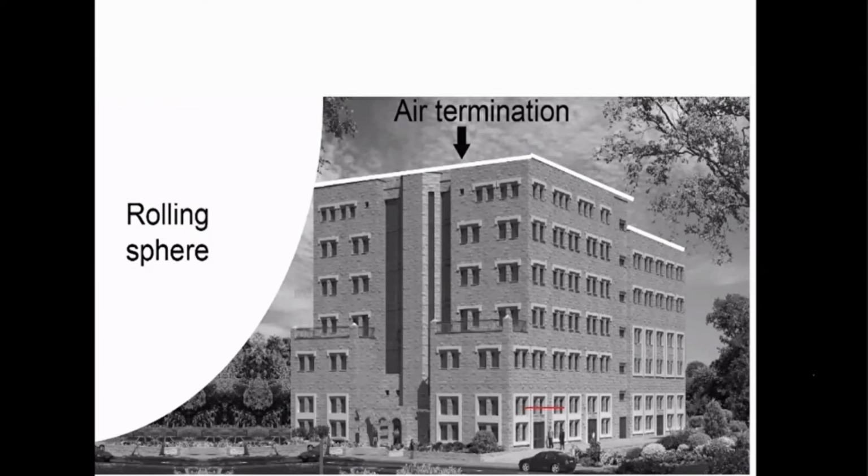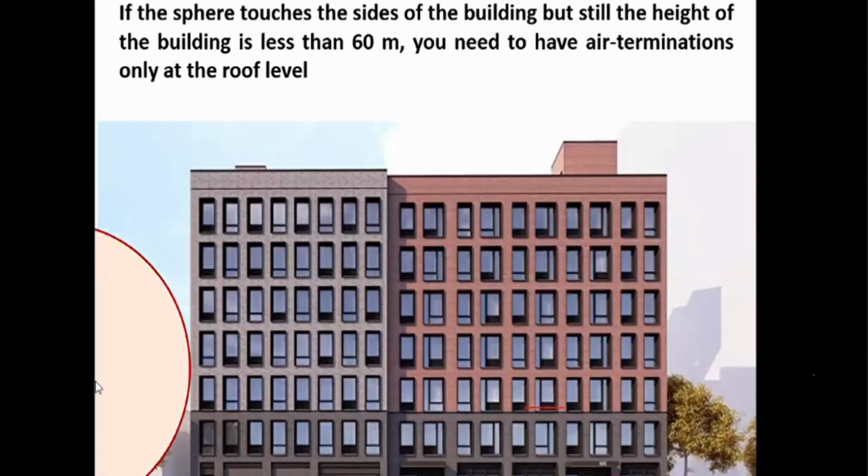Okay, now let's see a case where the rolling sphere touches the sides of the building before it touches the top of the rooftop. Now the standards say that even if the sphere touches the sides of the building, still the height of the building is less than 60 meters.